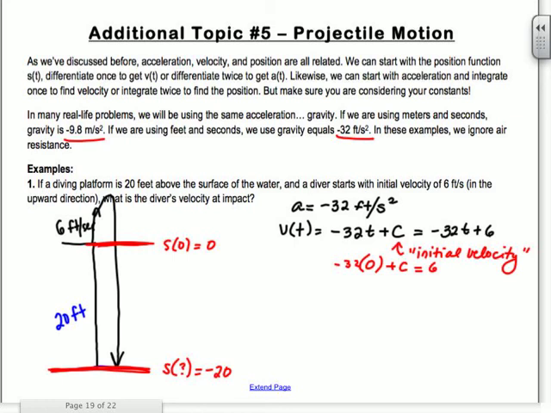All right, then we integrate again to get the position function. So our position function is going to be negative 16t squared plus 6t plus some new constant, d. All right, what's d in this case? I want to make it 20.